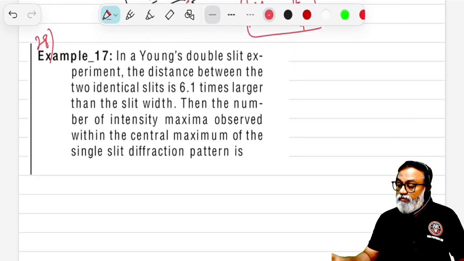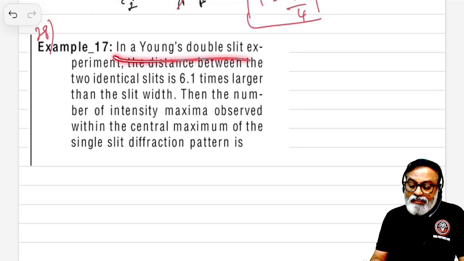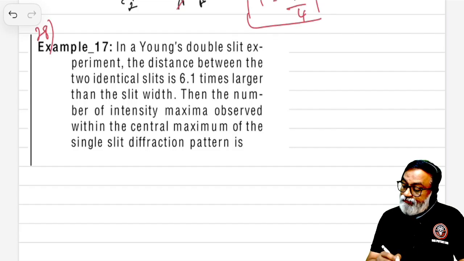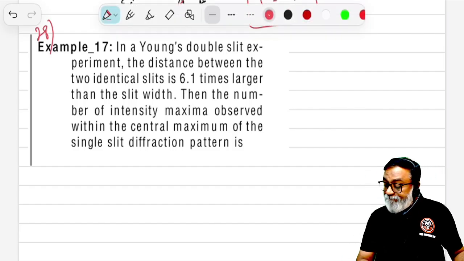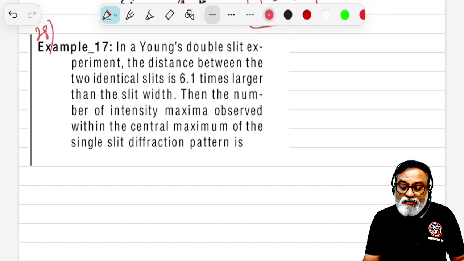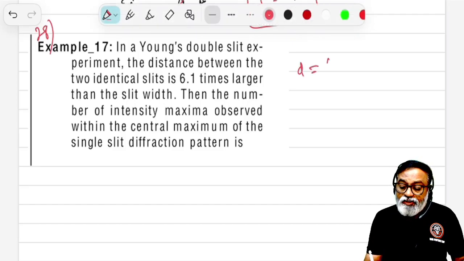Next one. In Young's double slit experiment, the distance between the two identical slits is 6.1 times larger than the slit width. Means d is equal to 6.1 into a.